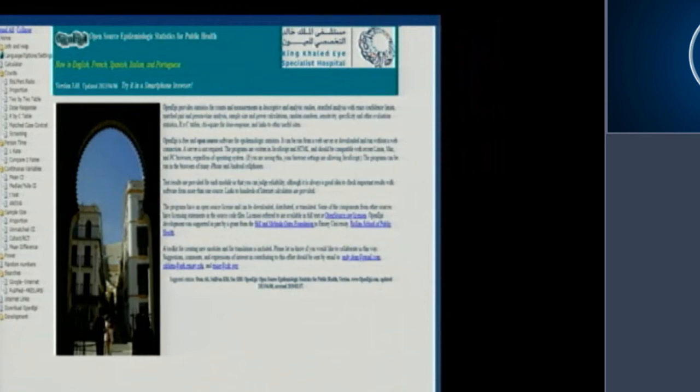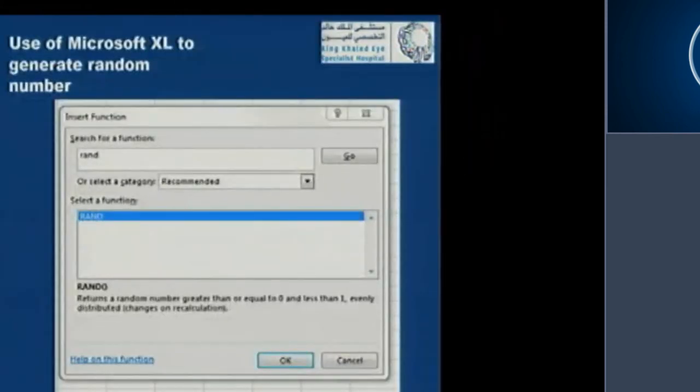It requires a long time for teaching this software, but once you are there, then the researcher is independent, and most of the time, except for advanced biostatistics, you don't have to really trouble the biostatistician.